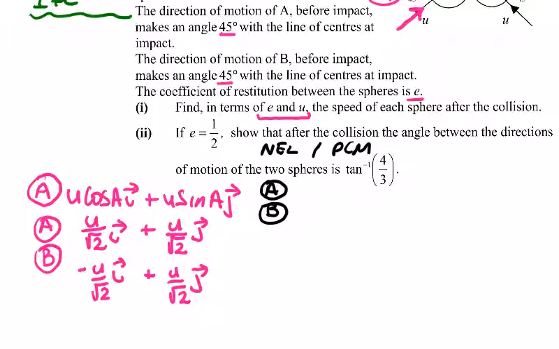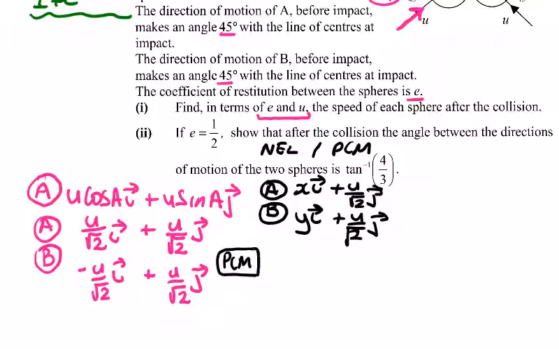We have no change in the J, so for A we'll have X in the I direction, plus U over root 2 in the J direction. And for B, we have Y in the I direction, plus U over root 2 in the J. We'll call these V1 and V2 when we're solving it.